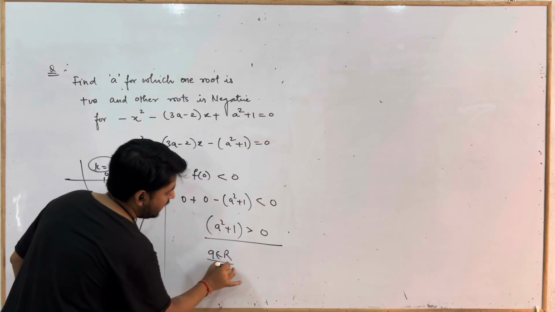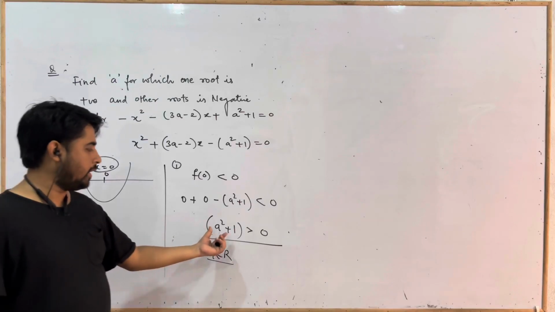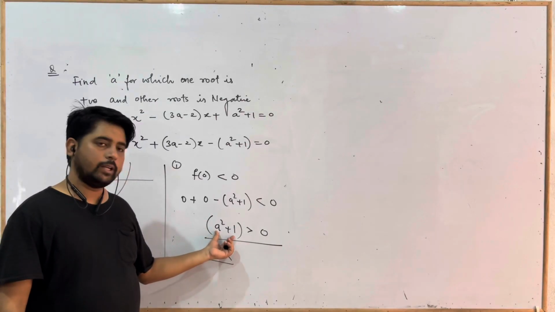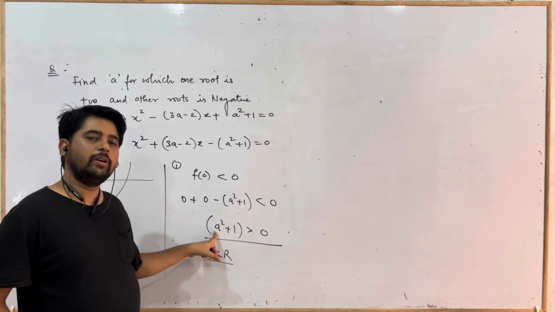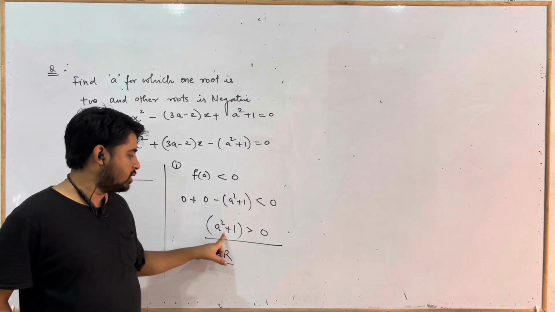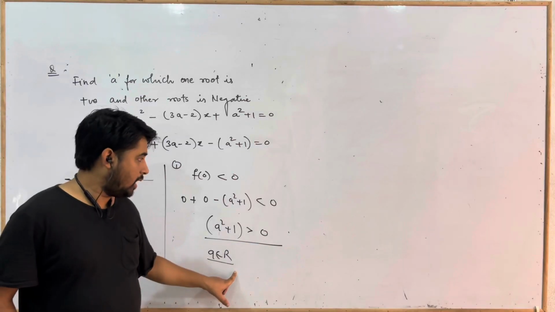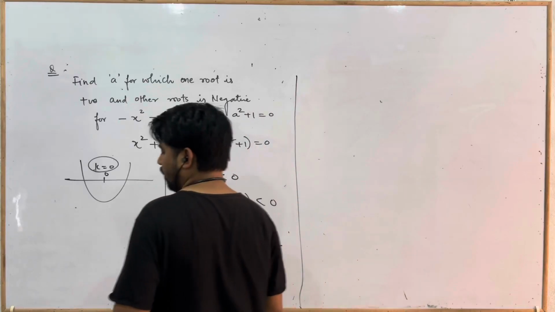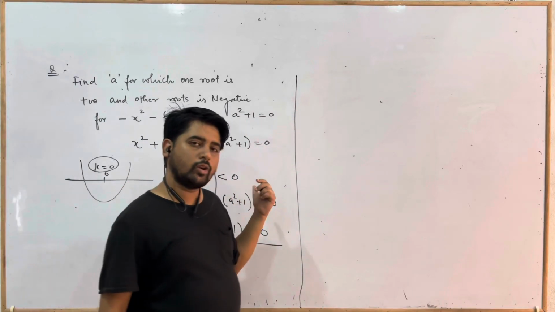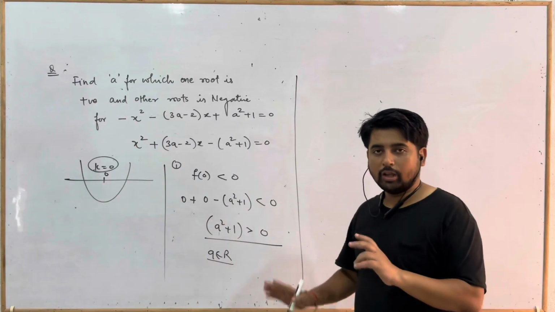A can be any real number. In terms of a, a square plus 1: if you put any number for a, after squaring it will be positive, and positive plus positive will be greater than 0. So a is a real number. I hope you understood this concept. Are you getting all these points?